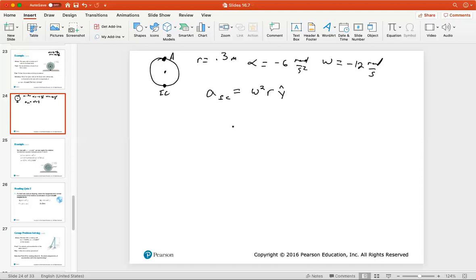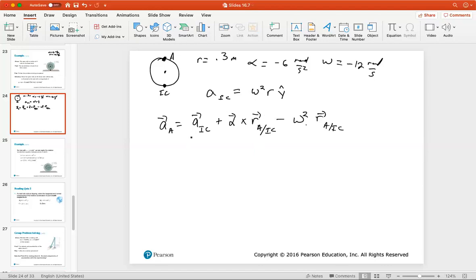And then I'm going to say that the acceleration of A equals the acceleration of the instantaneous center, plus alpha cross r minus omega squared r. Now, what are the things that I know?